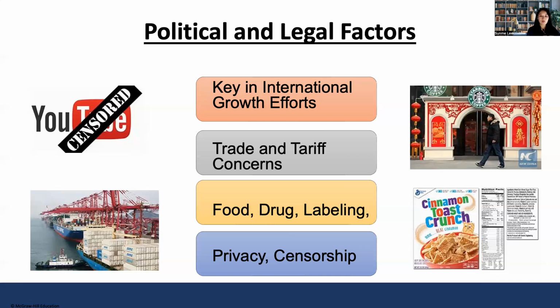Obviously we are concerned about privacy as well. Our sense of privacy or censorship is much more prevalent these days. All of the things that we mentioned here have become extremely important in the global markets.